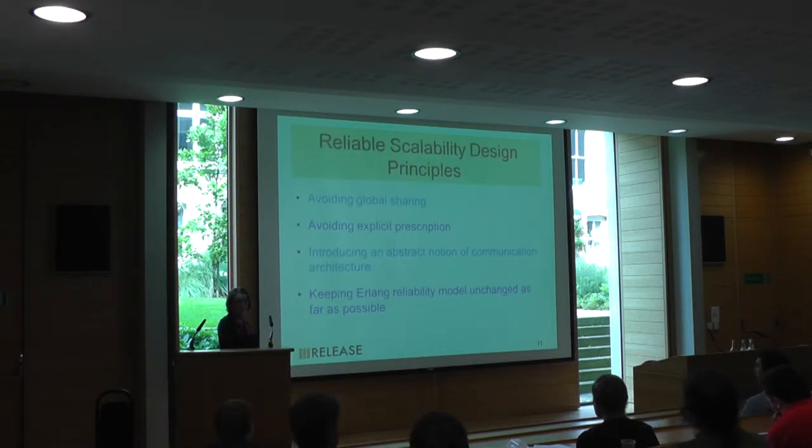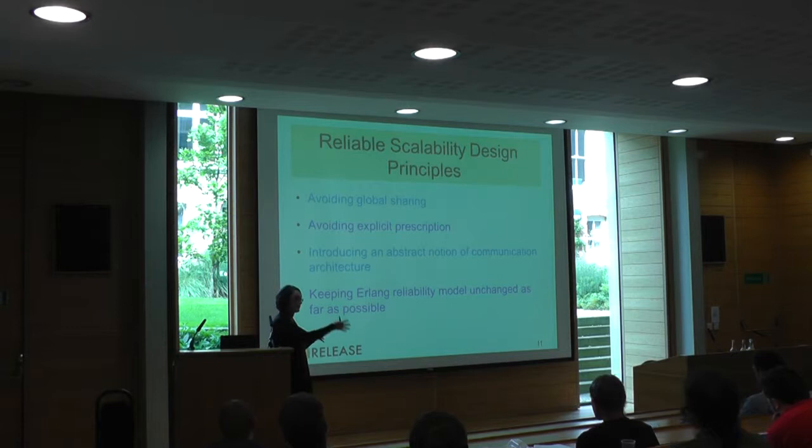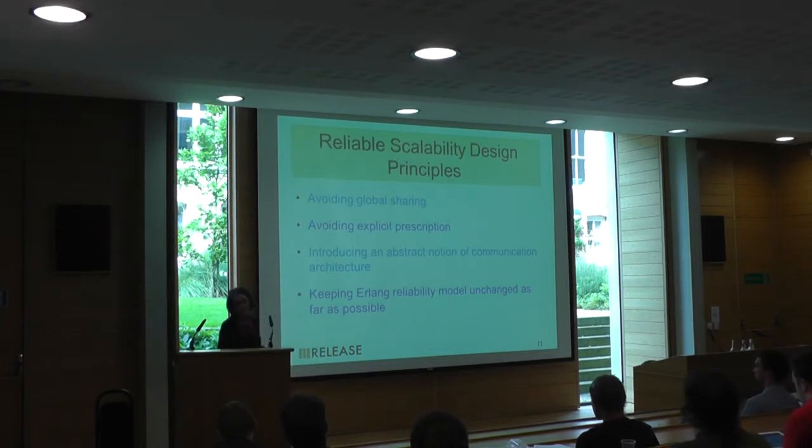Another thing is reliable scalability design principles. So we want to avoid global sharing. We want to avoid explicit prescriptions and introduce an abstract notion of communication architecture. So that's when we talk about different levels, so different nodes, different clouds of the same cluster. And keeping, of course, the Erlang reliability model, one of the trademarks of Erlang, unchanged.